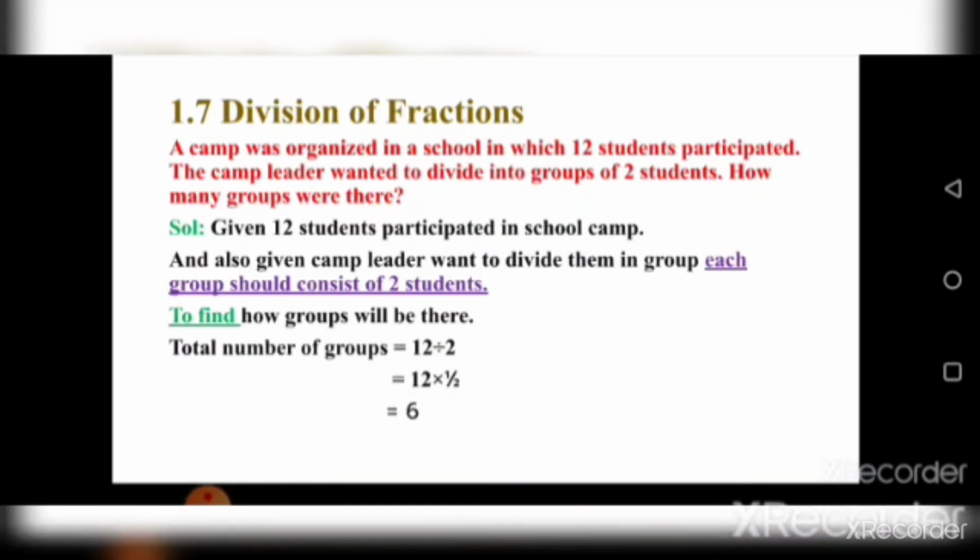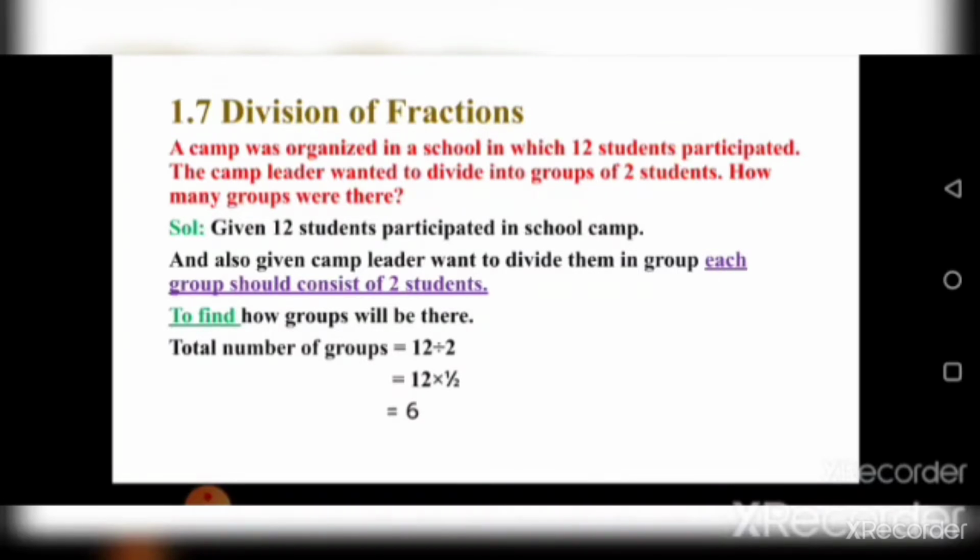Here 2 is the numerator, and 2 is considered as 2 by 1, so 1 will go to the numerator and 2 will go to the denominator. So 12 into 1 by 2.